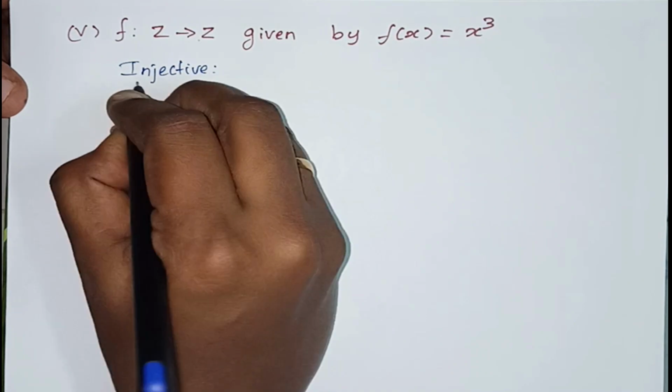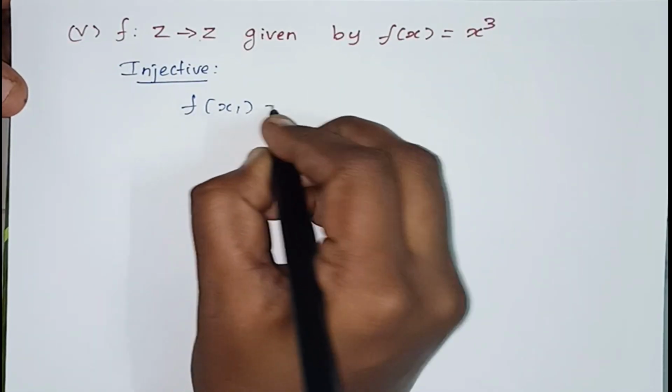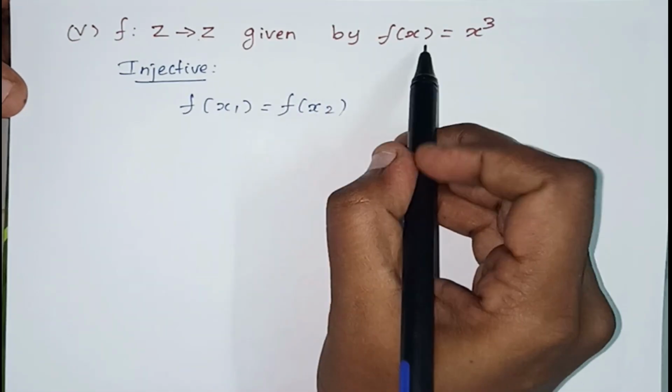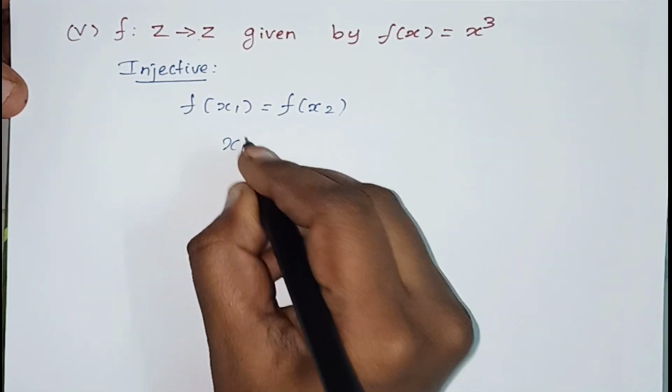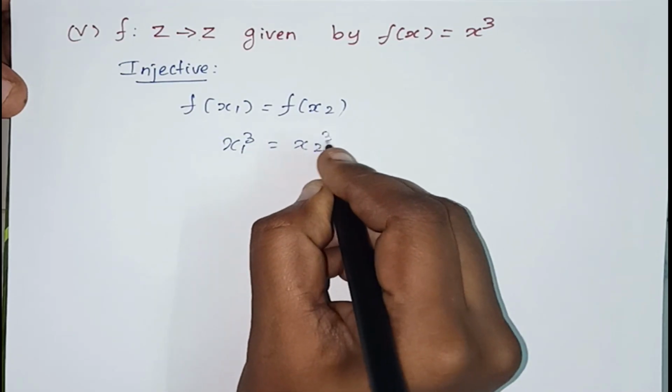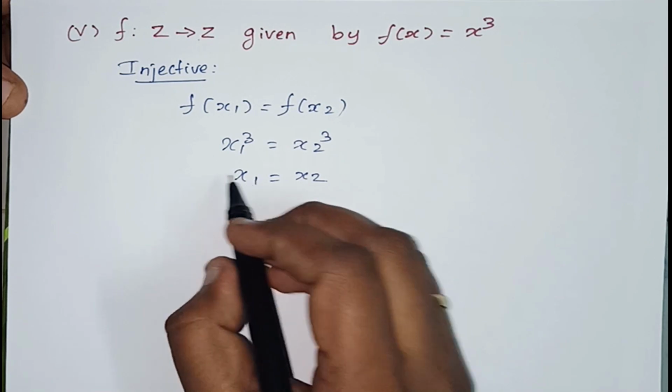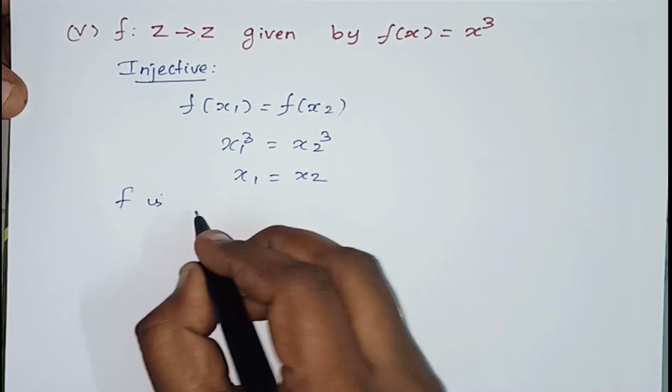So for injective, f of x1 is equal to f of x2. This is the condition for injective. Here f of x is equal to x cube. So x1 cube is equal to x2 cube. So this implies x1 is equal to x2. Okay, so this function is injective.